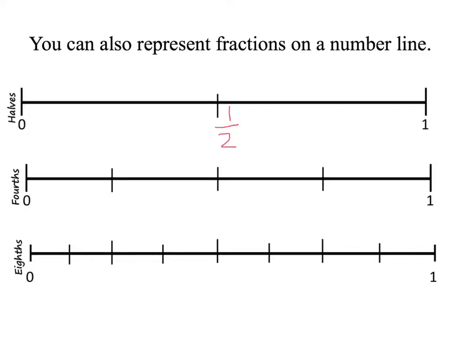Alright, the next one is split into quarters. So we can label them 1/4, 2/4, 3/4, and then, well, 1 will be 4/4. Alright, so you can see there that 1/2 is also equal to 2/4. Right, now I've got 8ths.